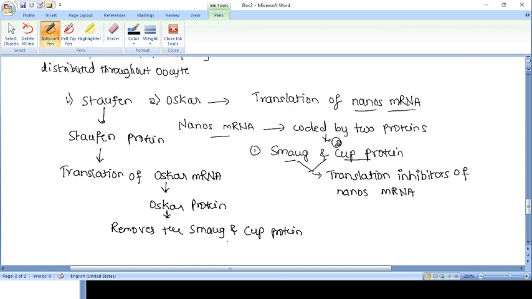Once smaug and cup protein are removed from the nanos mRNA, it will lead to the translation of nanos mRNA. Is it clear? That is, Stephen and Oscar are helpful for the translation of the nanos mRNA. This is about the anterior-posterior axis formation in Drosophila.